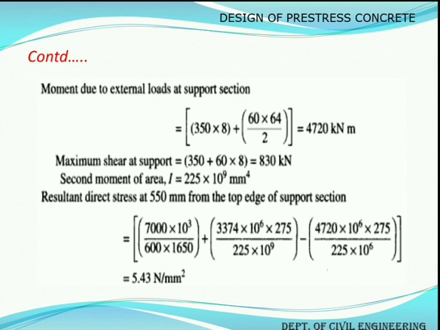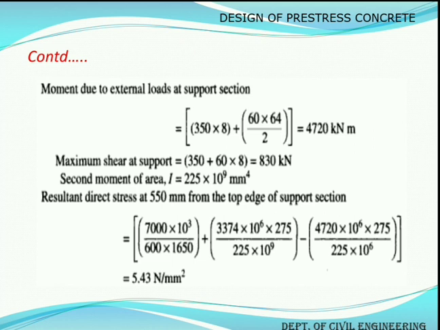Then the value of I, BD cube by 12, we can calculate easily as 225 into 10 raised to 9 mm raised to 4. Therefore, now let's come on to the calculation at the depth of 550 mm from the top edge.